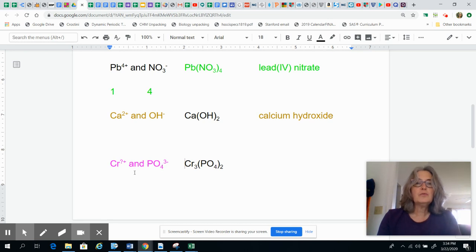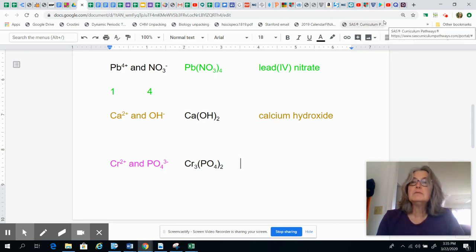All right, so we have 3- and parentheses showing we have 2 phosphates here, that's a total negative charge of -6, right? -3 from 1 phosphate times 2 phosphates, -6. So the total positive charge must be +6. +6 is divided up among how many chromiums? 3. +6 divided by 3, that's +2 per chromium. So we can go back in here and put in our +2.